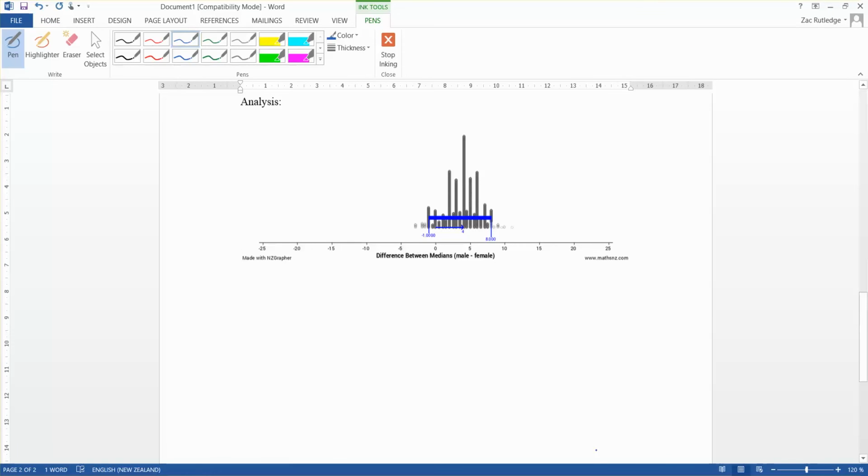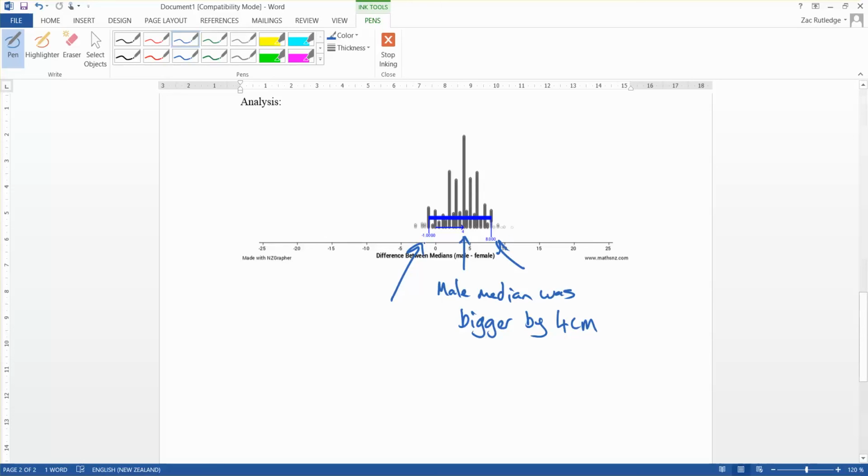Okay, so let's just remind ourselves of what this confidence interval means. See here how we've got this 4. That means that in our particular sample, the male median was bigger by 4. This -1 here, that's the lowest difference that we would expect to have between the medians back in the population. And this 8 here, that's the biggest difference that we'd expect to see back in the population.